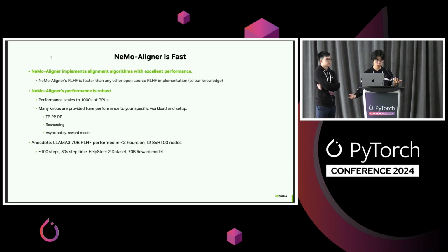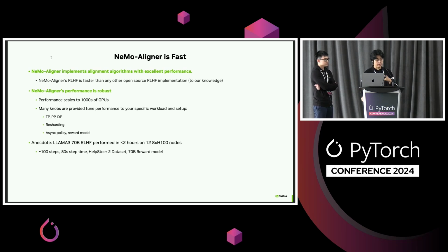All in all, I want to highlight that NeMo-Aligner is really fast. We implement all these data alignment algorithms with excellent performance. In particular, RLHF in NeMo-Aligner is faster than any other open source RLHF implementation to our knowledge. NeMo-Aligner's performance is robust, so we can scale to thousands of GPUs and to the largest models.